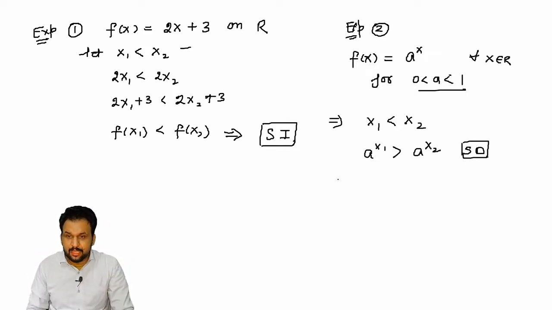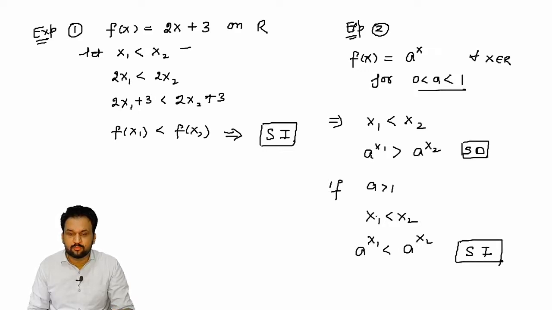And if a is greater than 1, and you take x1 less than x2, then a raised to power x1 is always less than a raised to power x2. In that case, this function will be strictly increasing. At the smallest point it gives the smallest value, at the largest point it gives the largest value.